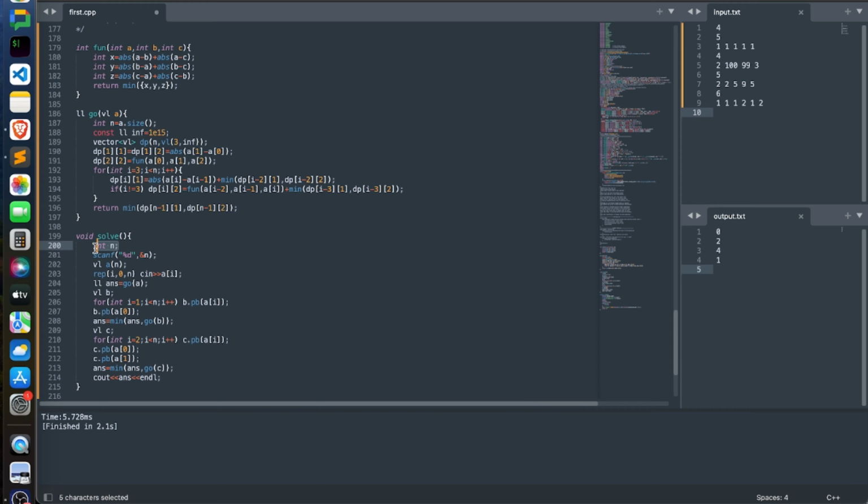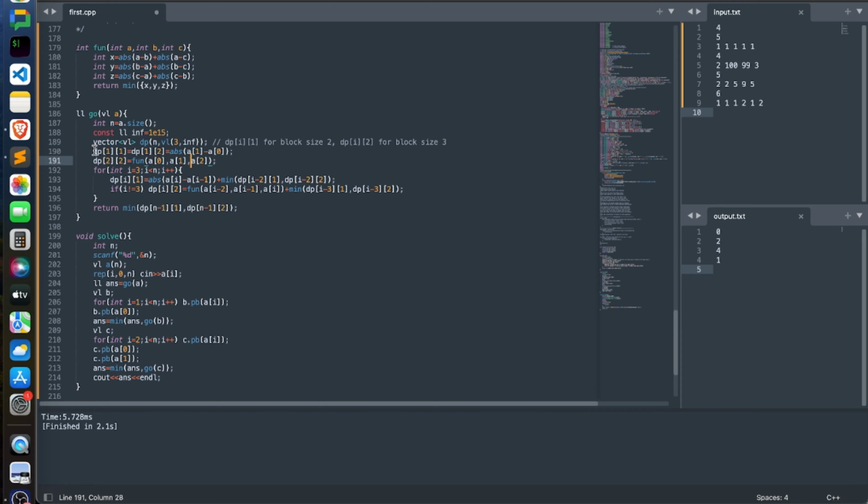So yeah, now let's come back to the original solution of this problem. This is my input, and this is the input array a, right? This was the recursive relation which I discussed in the explanation part. So first I get the answer for this array a. Let's see what I'm doing here. I created a vector, so this is my dp array: dp of i,1 for block size 2, and similarly dp of i,2 for block size 3, right?